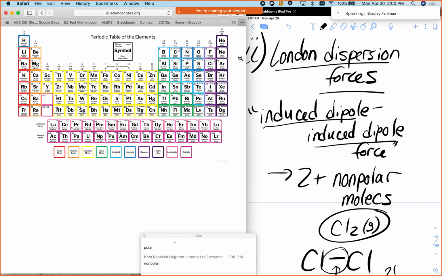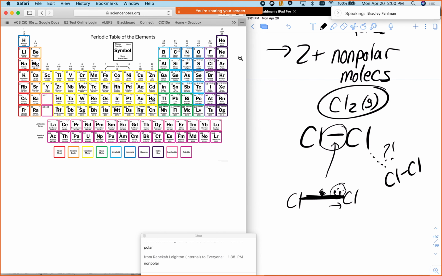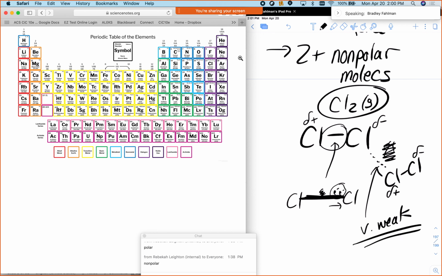Just because electrons are moving around, you could end up with a very slight charge on this side that'll then make that one a little positive. And when that happens, now you're going to attract another molecule where maybe this side has fewer electrons on that really short time scale. And so as you'd imagine, these are very weak forces.